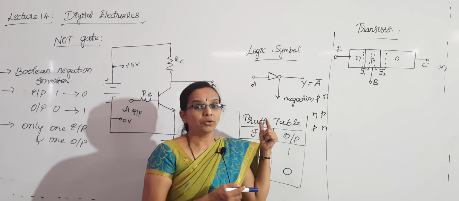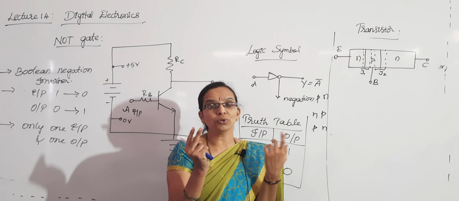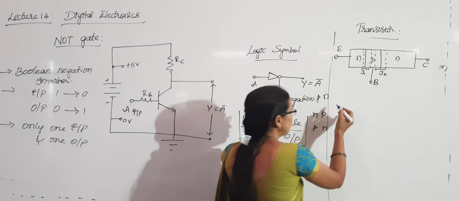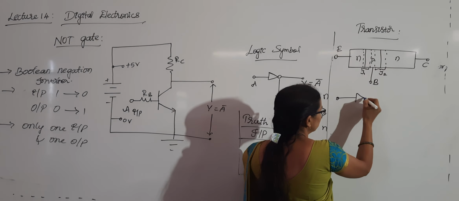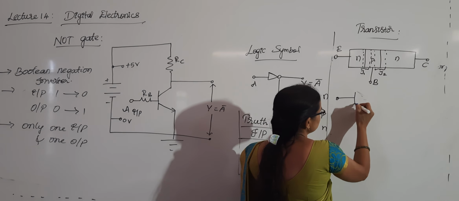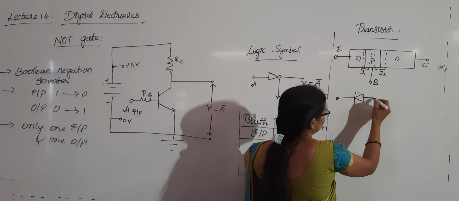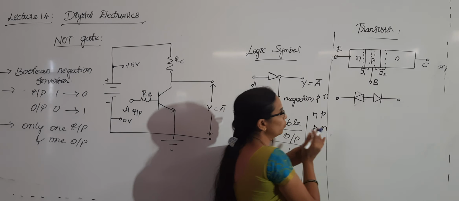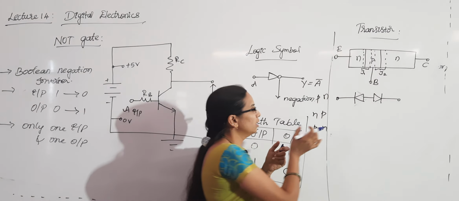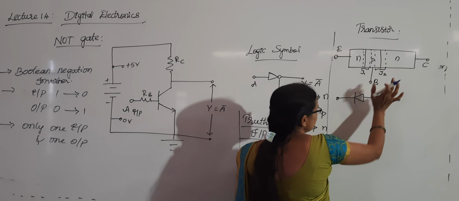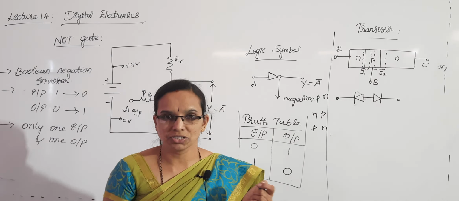You can assume the transistor like two diodes connected back to back. One junction is the emitter base junction, another one is the collector base junction.